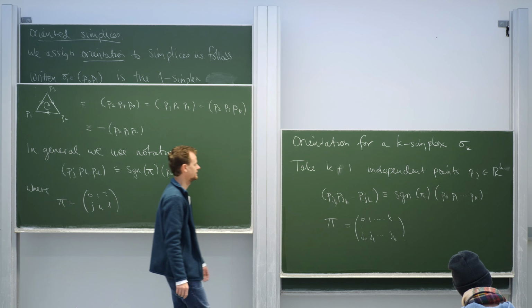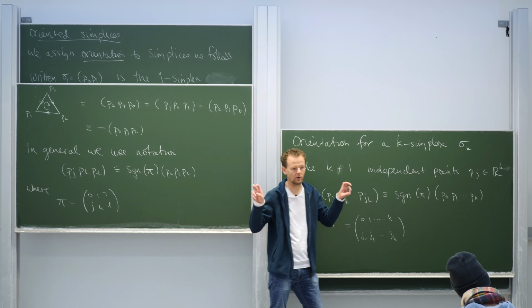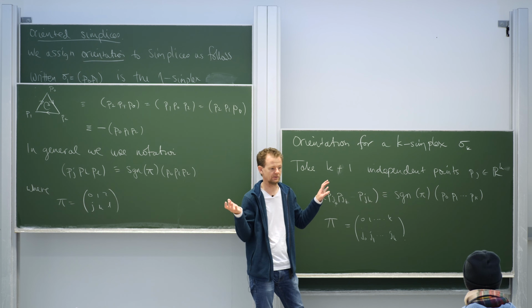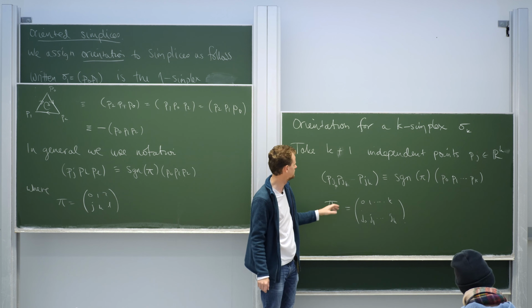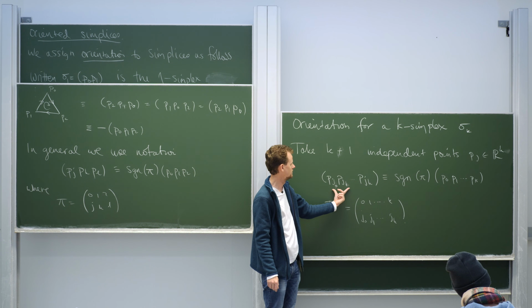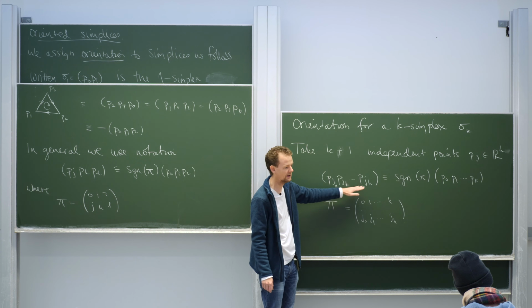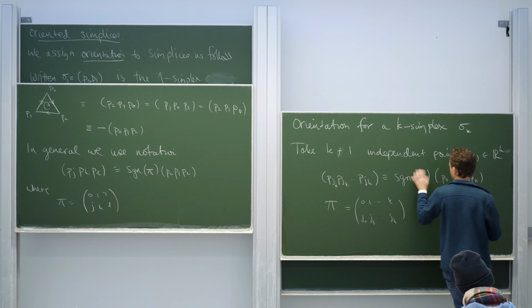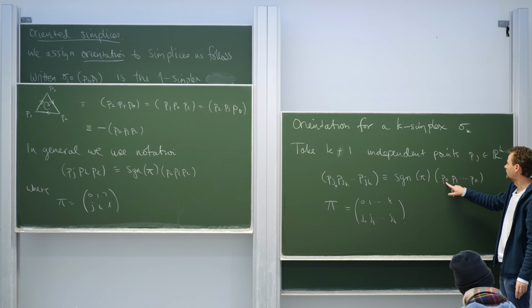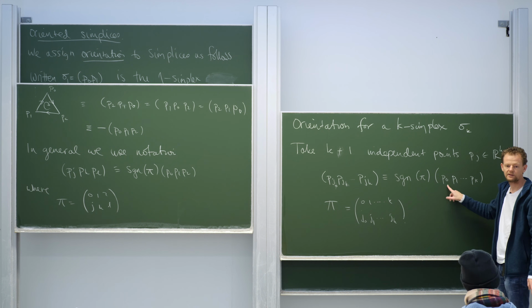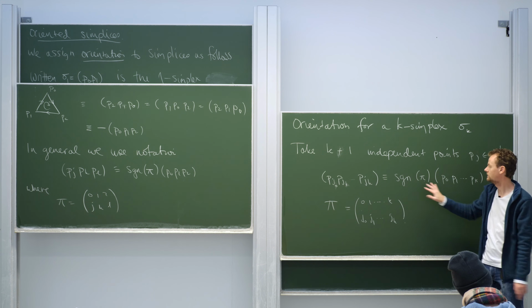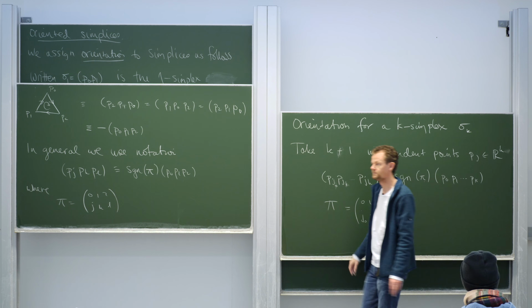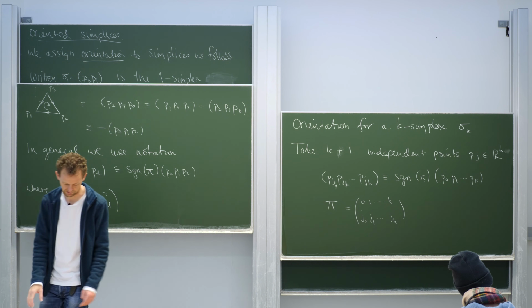So this notation tells us when two simplices have the same orientation or opposite orientations. So this simplex here, this convex hull of these k plus 1 points, has the opposite orientation, there's a minus sign here, to the basic simplex when the sign of the permutation that maps these points to these points is minus 1. And it has the same orientation when they're the same.